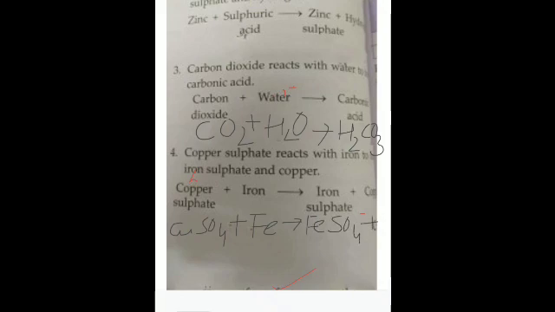Now this won't be visible here, so I am writing in the next line. Is it clear? It will be a single line only, the whole equation will be written. So you can see the formulas of different compounds, that is carbon dioxide, copper sulfate, water, Fe. Is it clear? Now you can understand how we have to write these.